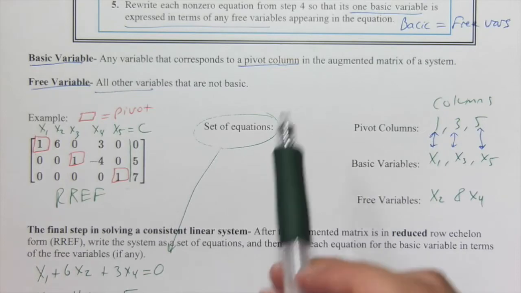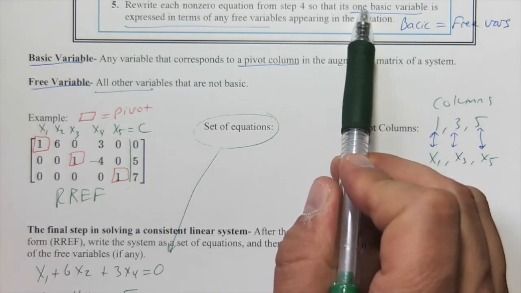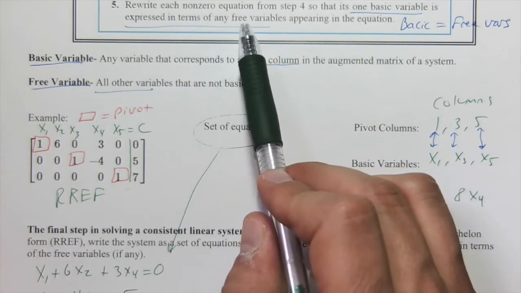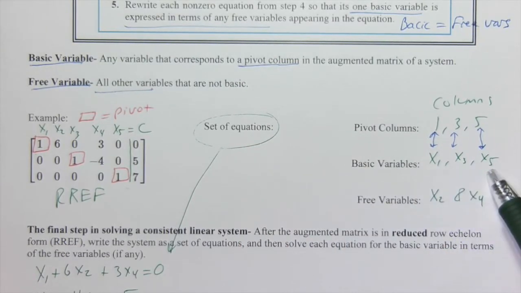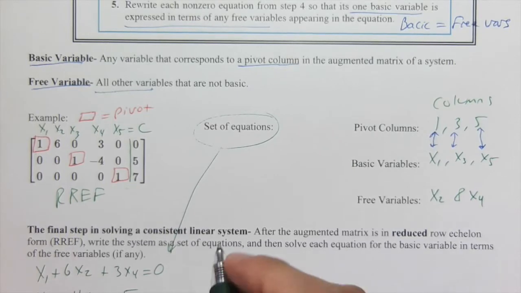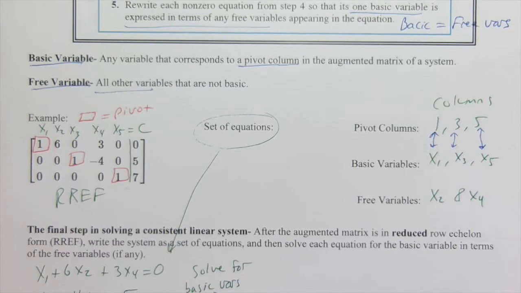And then step 5 says, write the basic variables in terms of the free variables. Right, so the basic variables are 1, 3, and 5. But notice that the free variables, x2 and x4, show up in those equations. And so the final step to solve these things is to solve for the basic variables in terms of the free variables.